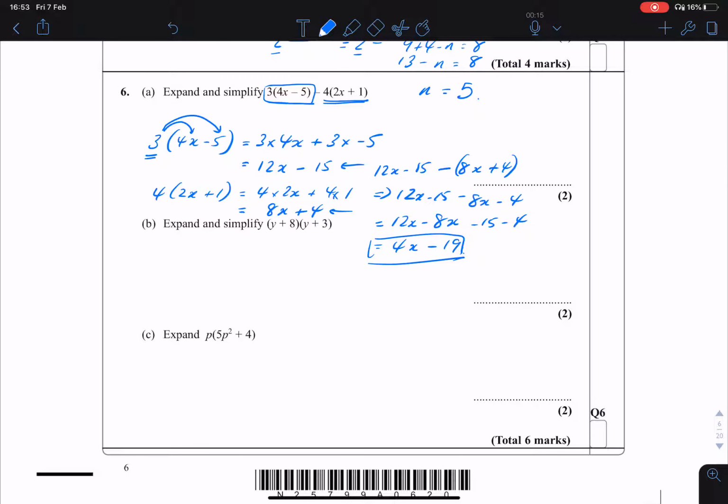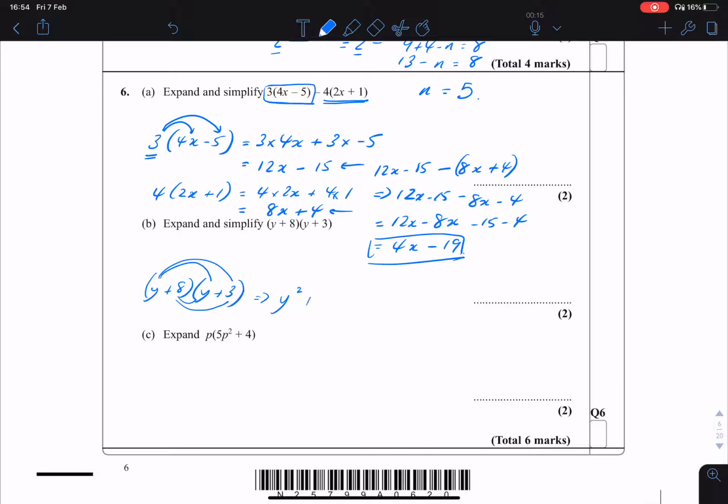Right, next one is expand and simplify. Now, if you remember, we did this in class about expanding these two brackets, and we used the FOIL way of doing it. So we said first ones, outer ones, inner ones, and last ones. So my first ones are y times y, which is y squared.